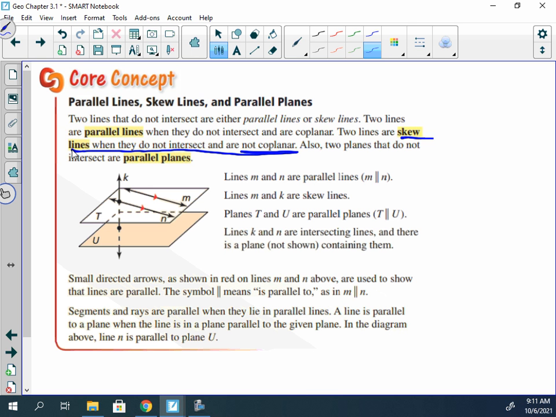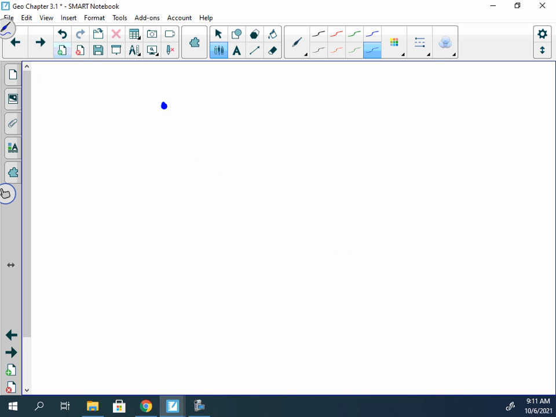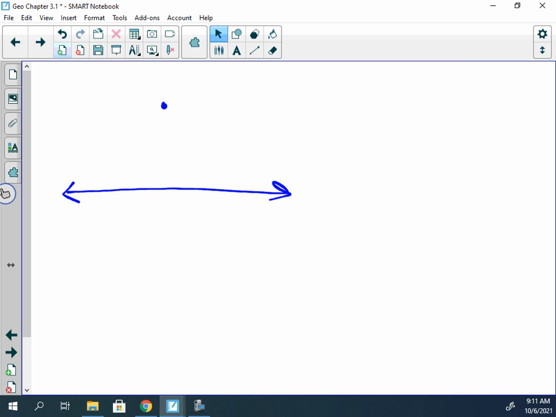Now, the real definition of parallel lines in Euclidean geometry is going to be a point. If we have a point and a line that does not pass through that point, there exists exactly one line through the point that is parallel to the given line.